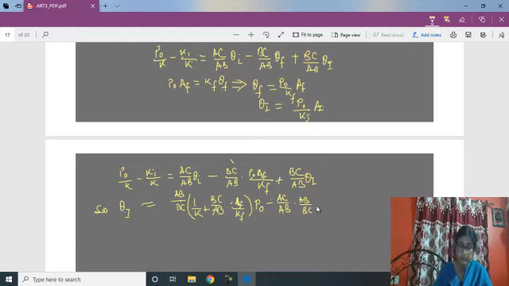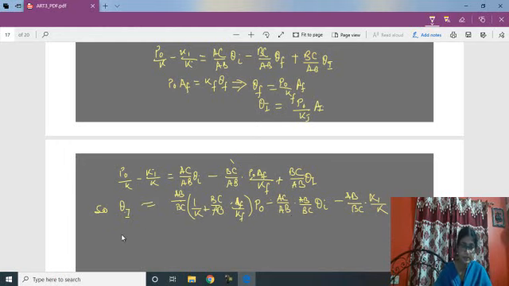So AB by BC into theta I minus AB by BC, that is the constant term, this one K1 by K. All of these are constant terms.